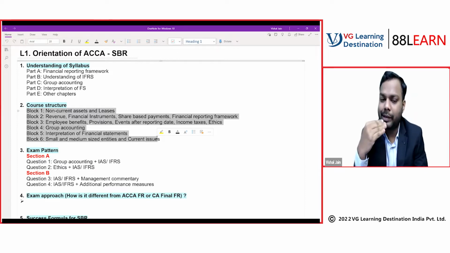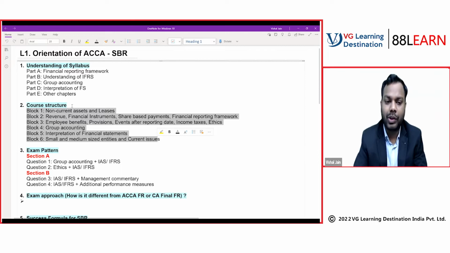You must understand that after completion of each block, we will conduct a test. Once we complete block 1, we'll conduct a test for this block. Once we complete block 2, we'll conduct a cumulative test of block 1 and block 2. Similarly, after block 3, a test of 1, 2, and 3. After completion of block 4, a test of 1, 2, 3, and 4.